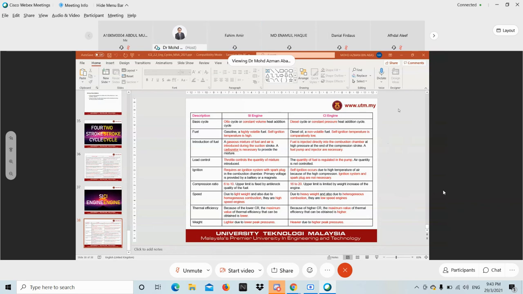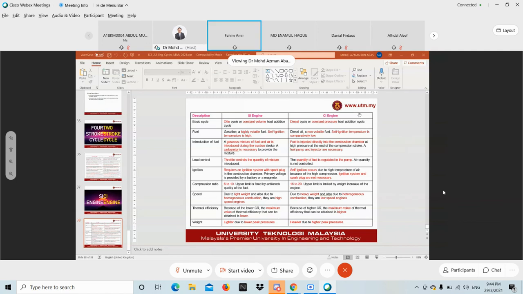So I have a question, sir. Yeah, go on. It's regarding the auto ignition of petrol. What is the maximum pressure and temperature of a petrol fuel when it auto ignites?